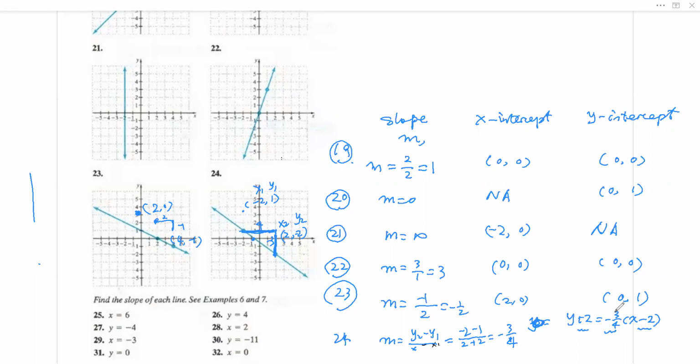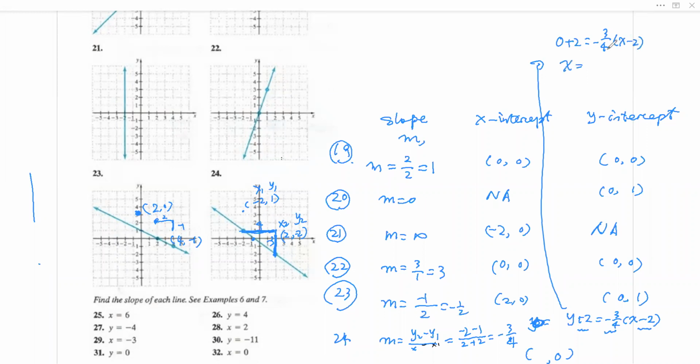So, all right. So how do we find the x-intercept? X-intercept means y equals 0, right? So y equals 0. Let me use this space here. So 0 plus 2 equals -3/4 times x minus 2, right? So x equals what?